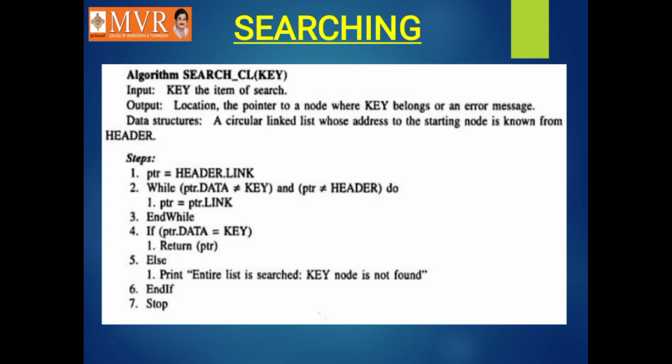This searching can be implemented from any position of the linked list. It need not be a header node. We can start at any node and perform our search. If the node is found, we return the node and the position where it is found. If it is not found, then we return a message that the entire list is searched and the key node is not found.